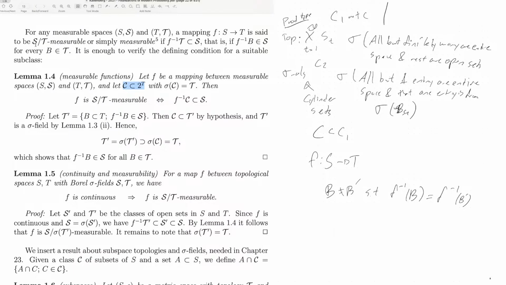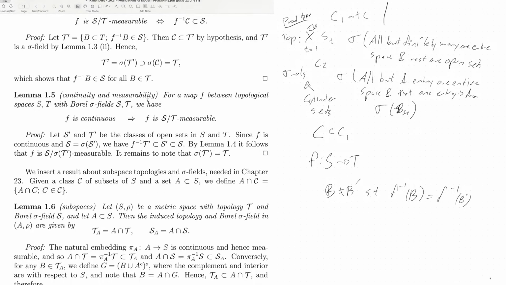S/T measurable means from S to T, if and only if F to the negative 1 of C, your basis, is a subset of S. Yeah, that makes sense. Everything's preserved through inverses nicely, so we don't really need to check this. Let's keep going. Continuity and measurability.